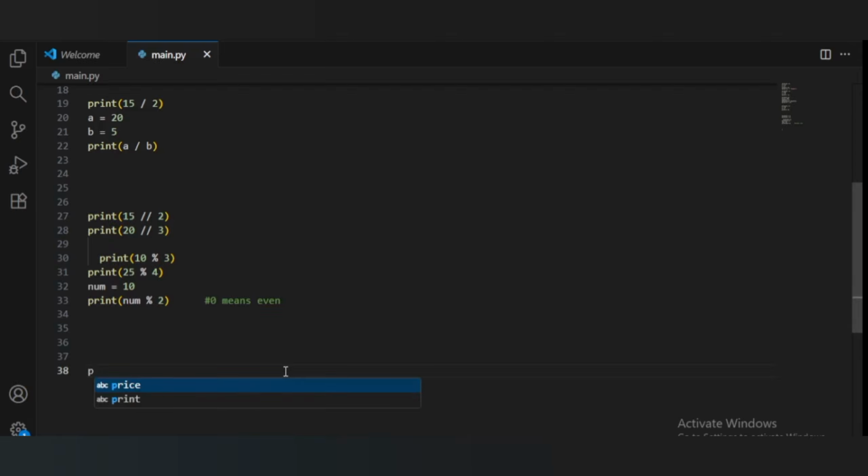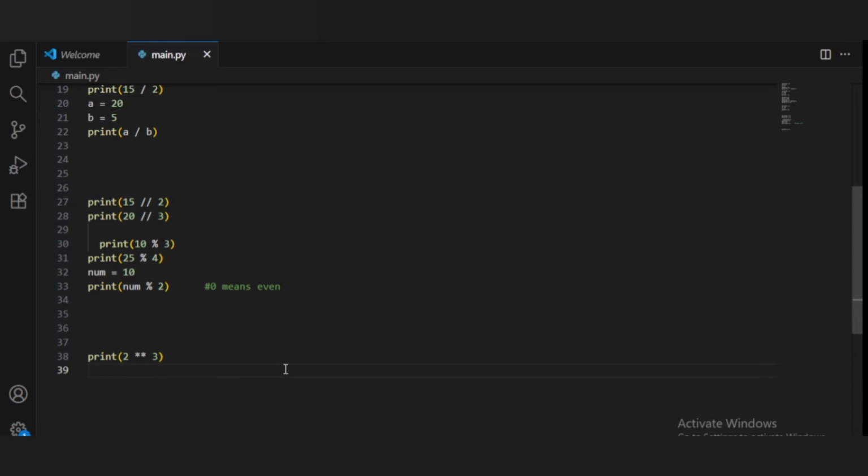For example, print 2 ** 3, because 2 times 2 times 2 is equal to 8. The second example, print 5 ** 2.